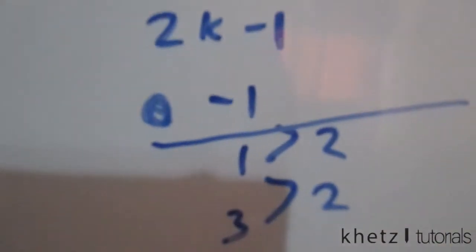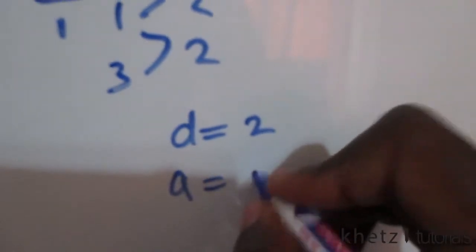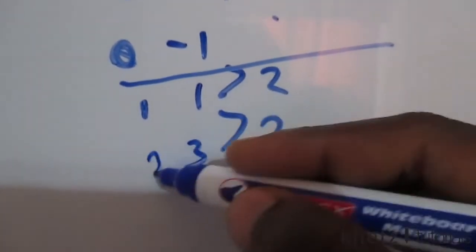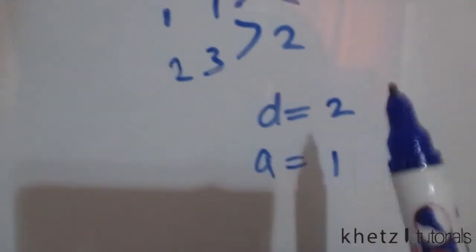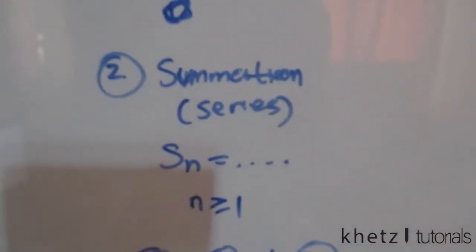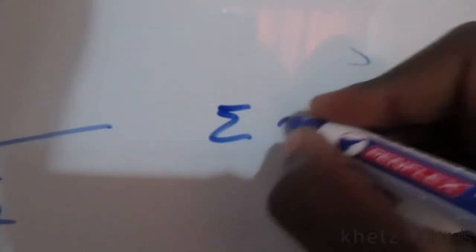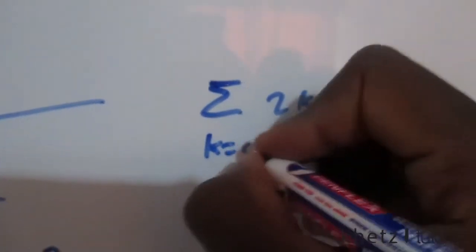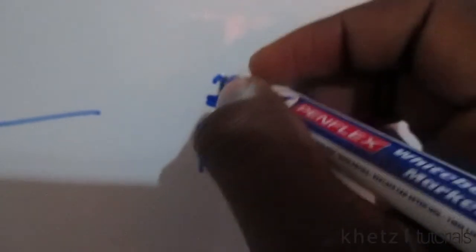And we aren't going to start at 0. This is the 0 point. We're going to start at 1, and therefore the first term is 1. So let's say we were moving from 0 to 2. We obviously have 3 terms, and we want to apply this case 1 situation over here, where we find the result of the summation of 2k subtract 1 from 0 to 2, right?